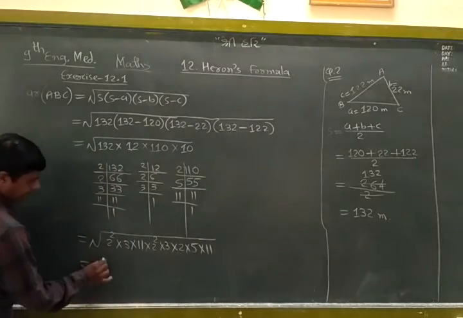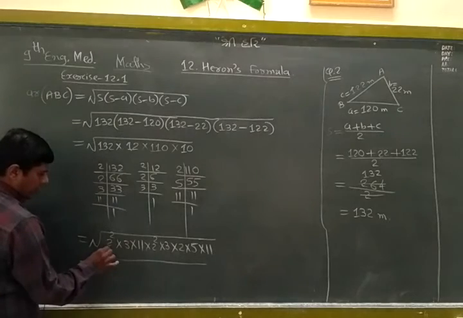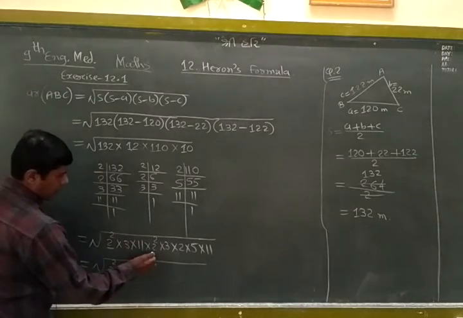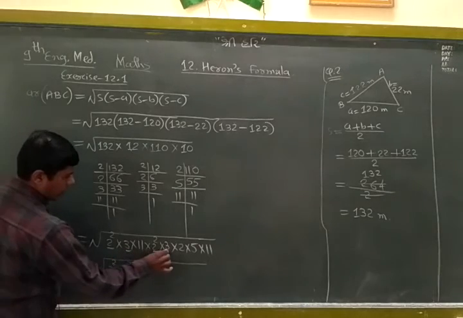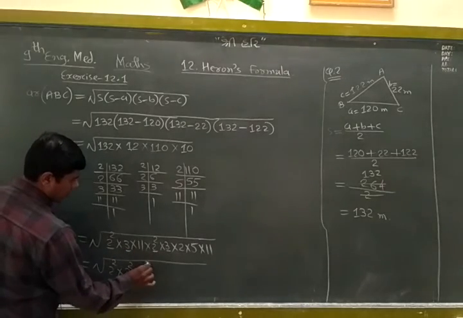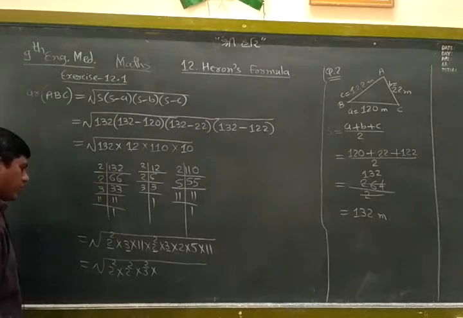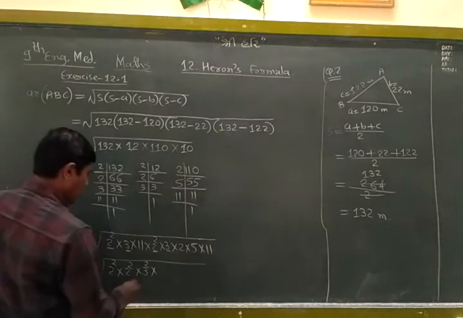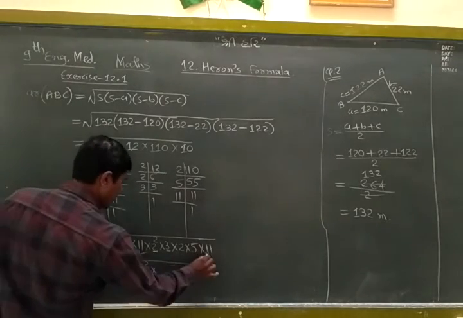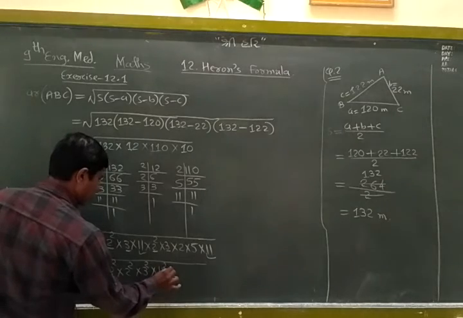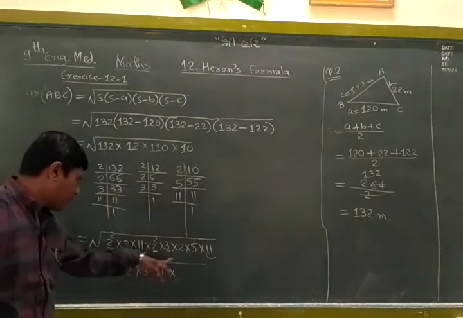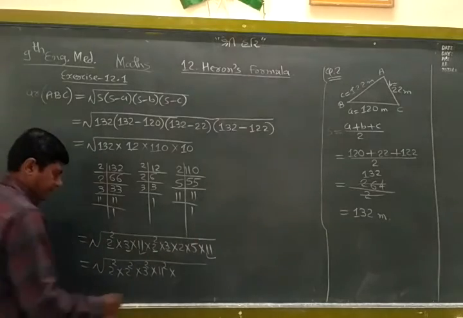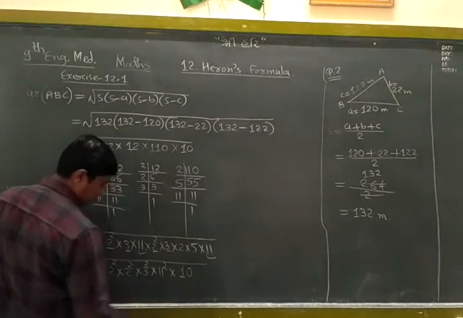Now here this 2 square, here also 2 square, 3 into 3, so 3 square. Okay. Now here 11, so 11 square. Remaining here only 2 fives are 10. 10 is the remaining.